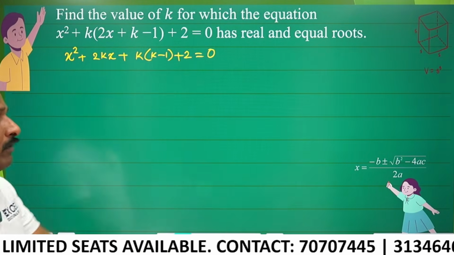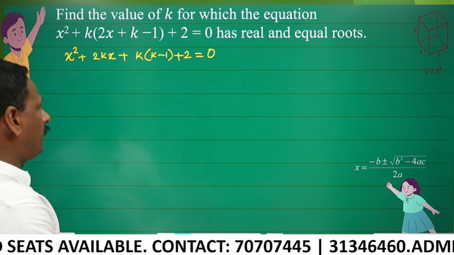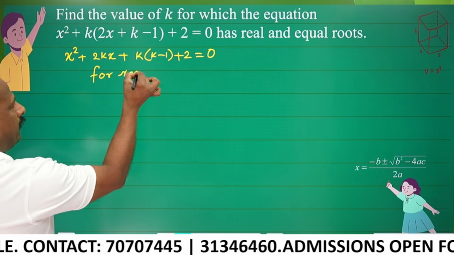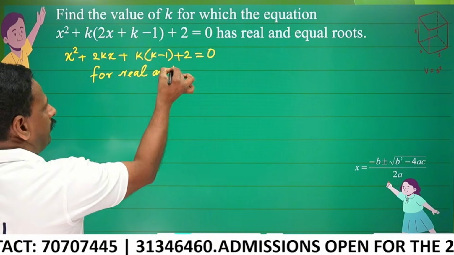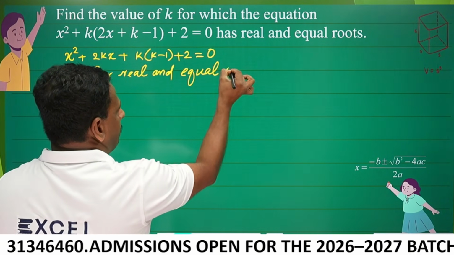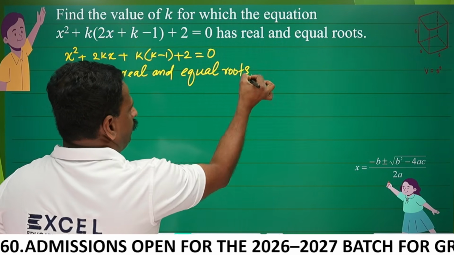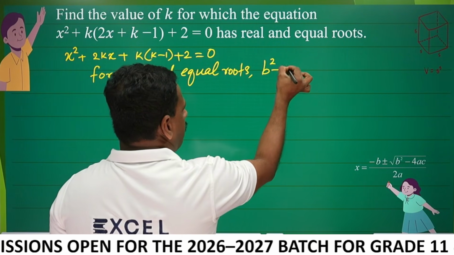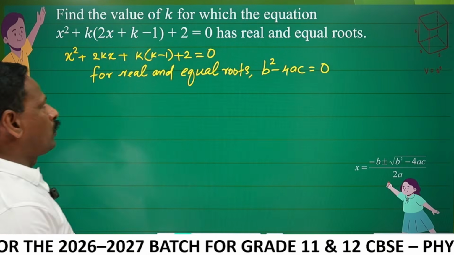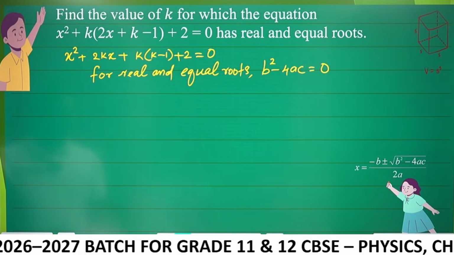Now you can see this is the standard form, x square term, x term, constant term equal to 0. Now what is the condition for real and equal roots? The condition for real and equal roots is b square minus 4ac must be equal to 0. So what is b here? B is the coefficient of x, right?